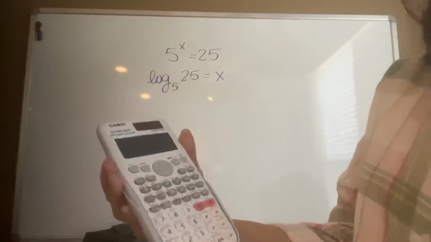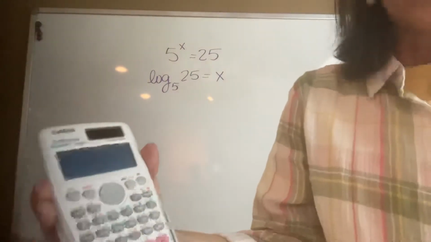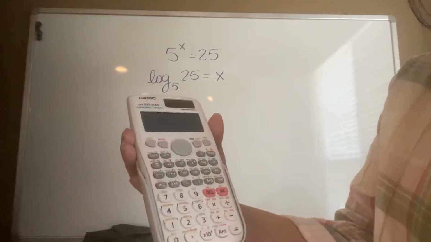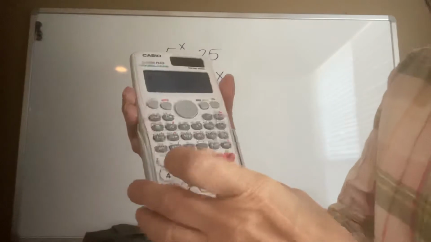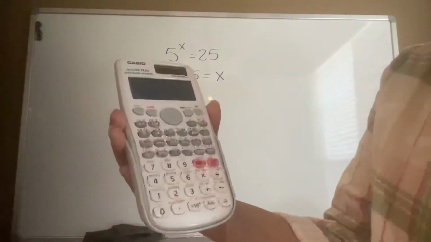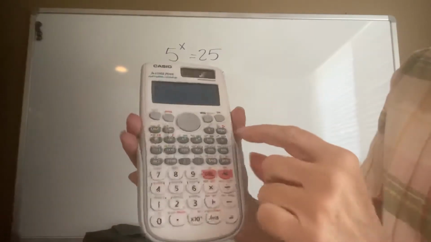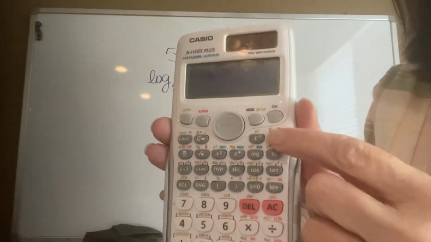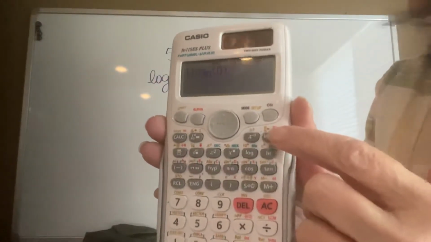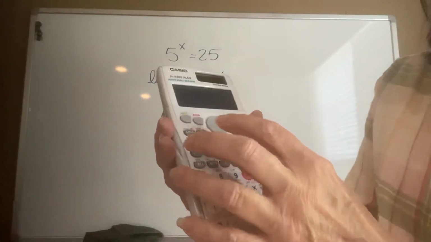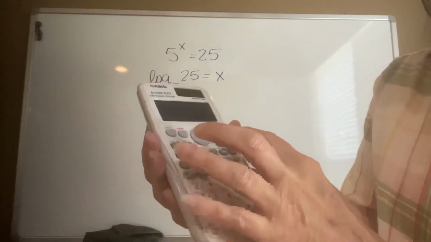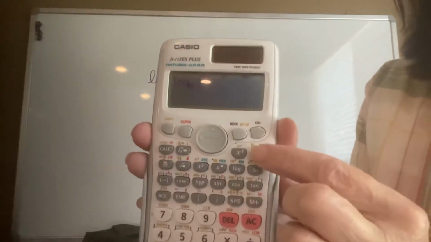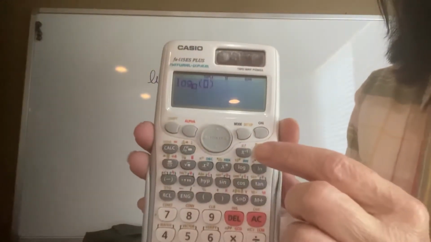To put it in your calculator, when the base is not 10, we're going to do one with 10 in just a minute. But when the base is not 10, it's this button right here in your calculator. Wait, I have a 1 there. Let me clear it. I put that button in.